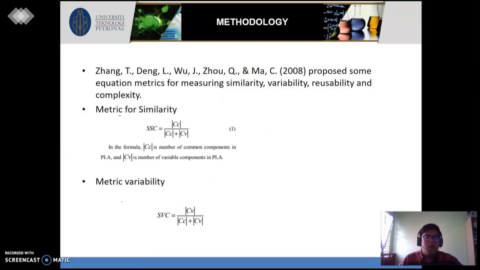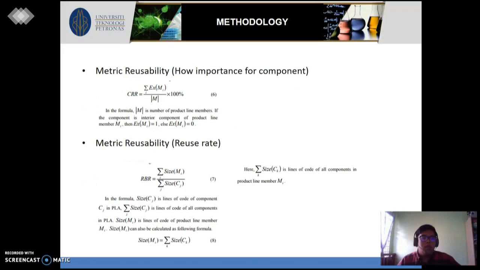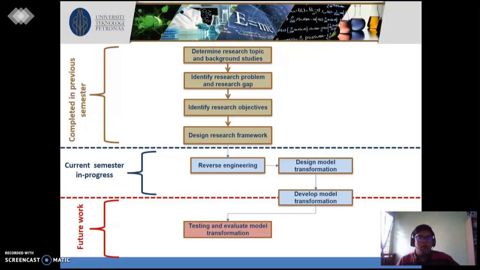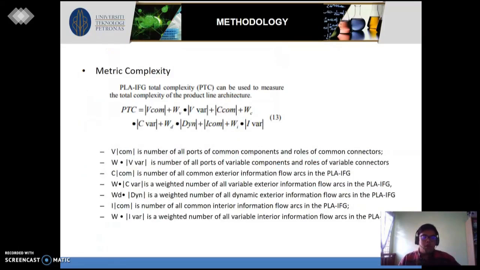Zhang T., Deng N., Wu J., Zhou Q., Masi proposed some equations and metrics for measuring similarity, variability, reusability, and complexity. So these are the metrics proposed by Zhang: metric for similarity, metric for variability, metric for reusability, and metric for complexity. All the metrics will be used in order to evaluate the model transformation.